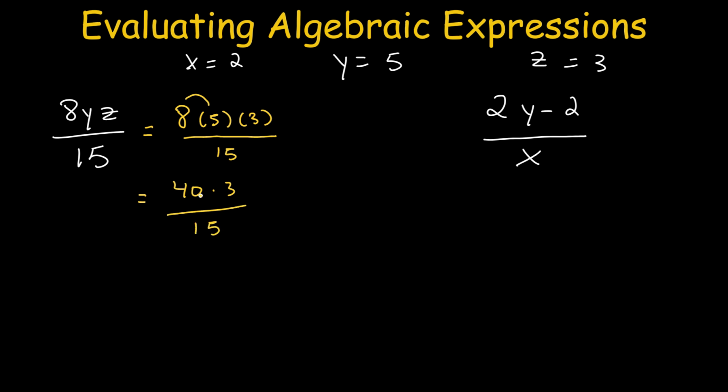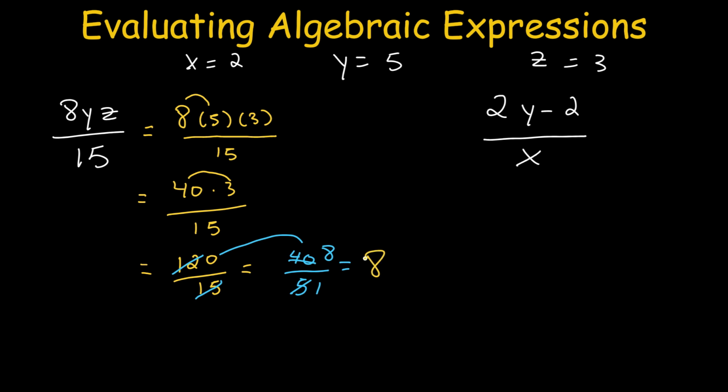Now 40 times 3, so we can simply do 4 times 3, which will be 12, then bring down the 0, that will be 120, and let's bring down the 15. Now we can reduce this by 3. I think 3 will be much easier. So 3 into 15 is 5, and 3 into 12 is 4. And let's put the 0 here. So it's 40. Now we can simply reduce this. So this will be 1 and this will be 8.